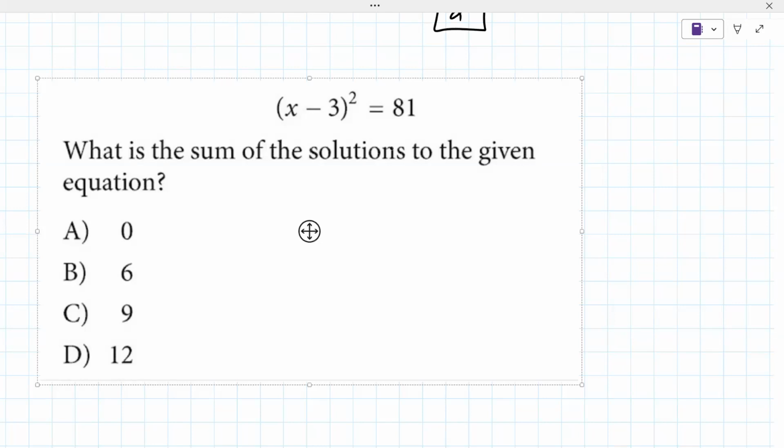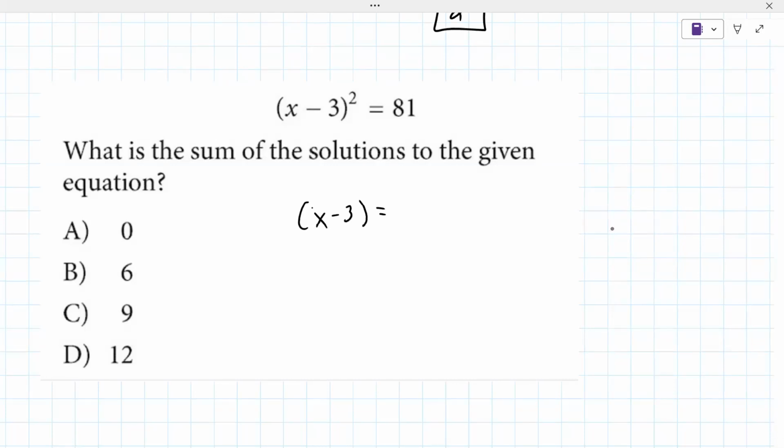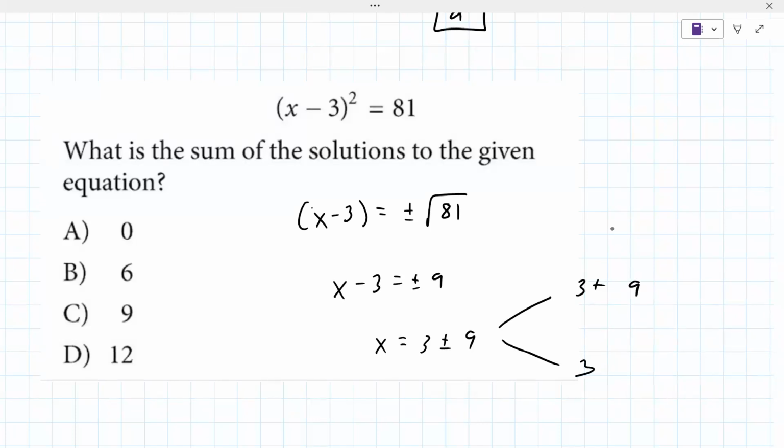So the solutions to this are what and what? What are the two solutions? If you do x minus 3 equals plus or minus 9, then it would be 12 and minus 6. 3 plus 9, 3 minus 9.